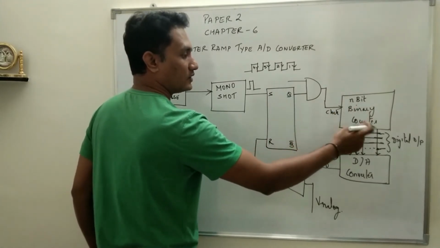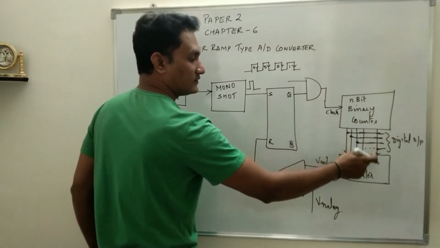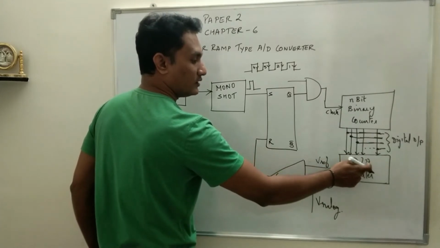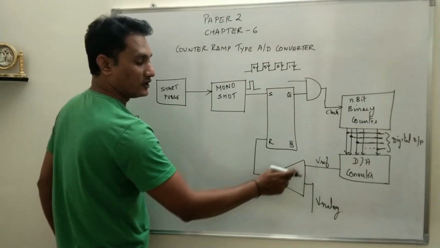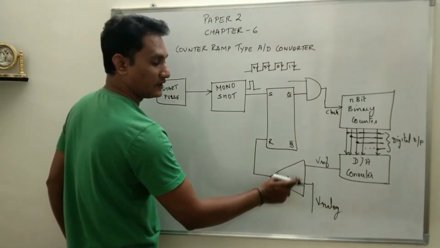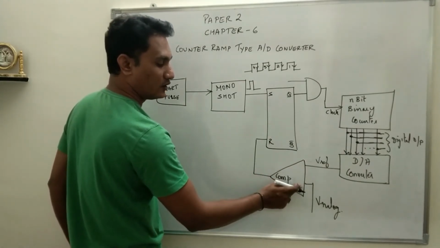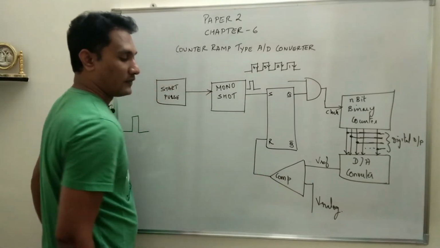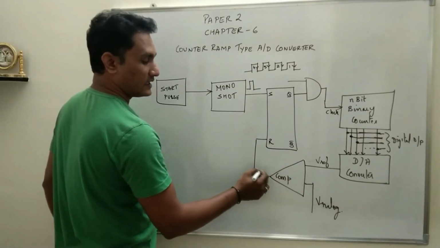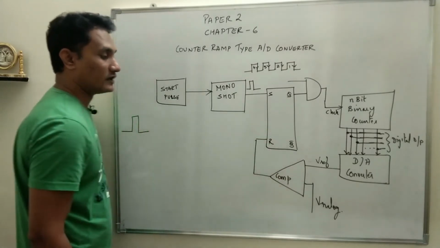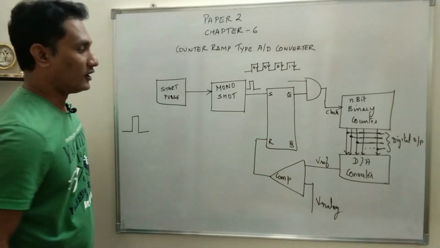The binary counter counts and it gives the output to the D2A converter. The D2A converter will convert the digital data into analog and give it as reference voltage for the comparator. The comparator will compare the reference voltage with the analog voltage, and it will produce the output as 0 and 1 depending upon the analog voltage, and that 0 and 1 will be given to the reset pin of the flip-flop.